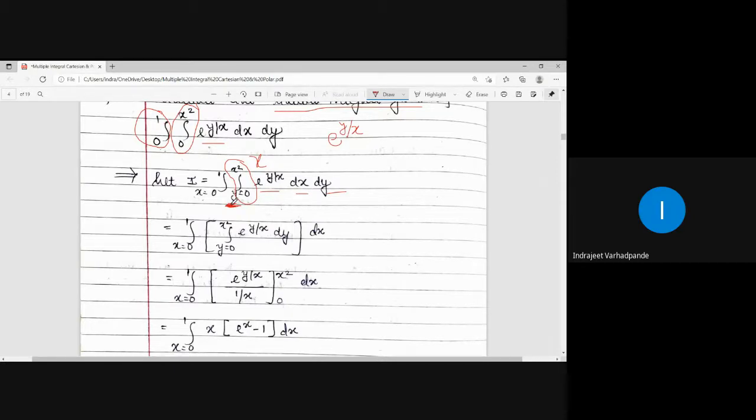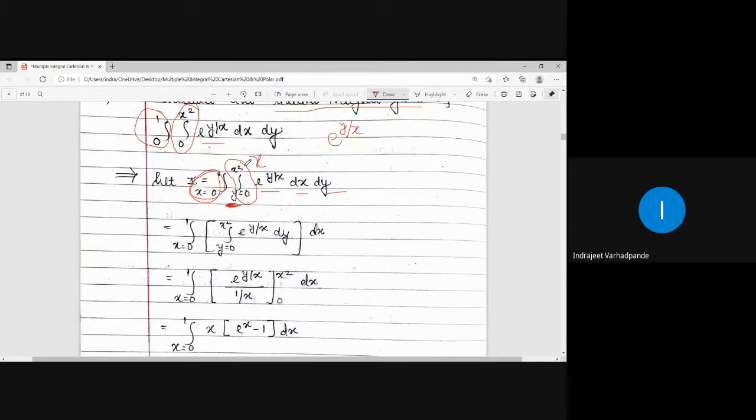So that means I will have to first integrate with respect to y, and then after integrating with respect to y, the resultant will be a term of x, and then later on integrating with respect to x, putting down the constant limits, you get the final answer.